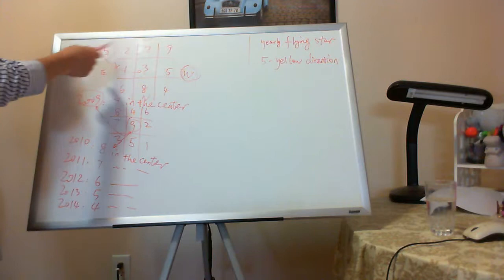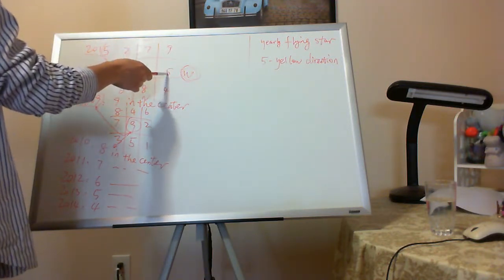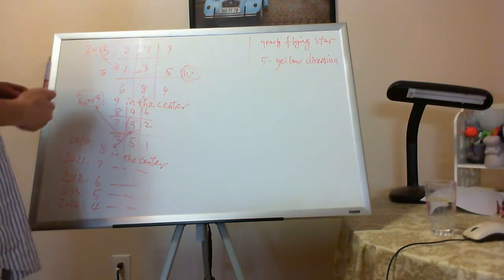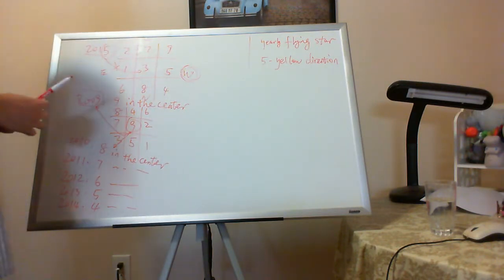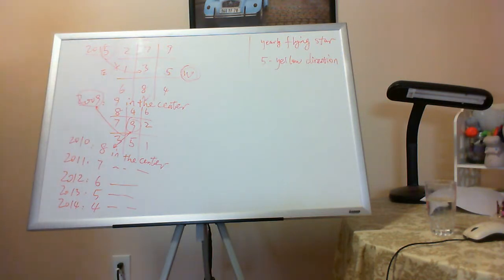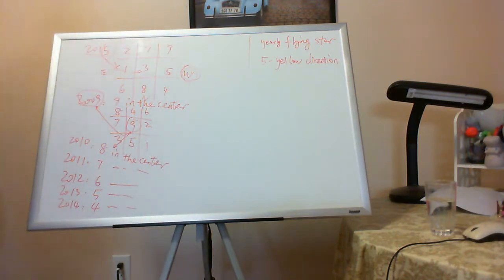For example, I make a prediction like for 2015, the most inauspicious star 5 is in the west. Okay, but west with respect to which reference point? With respect to where I'm standing now, or with respect to the bathroom of my house, or with respect to the White House? It doesn't say anything in the yearly flying star map.